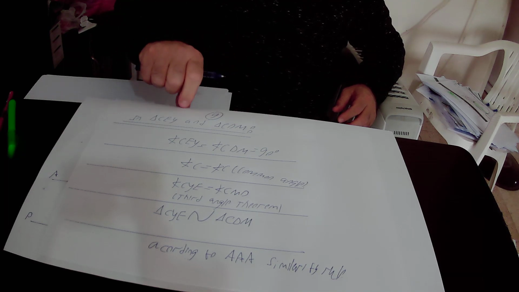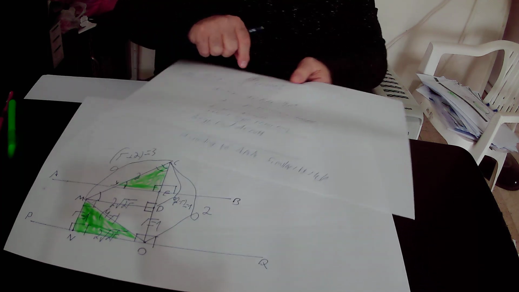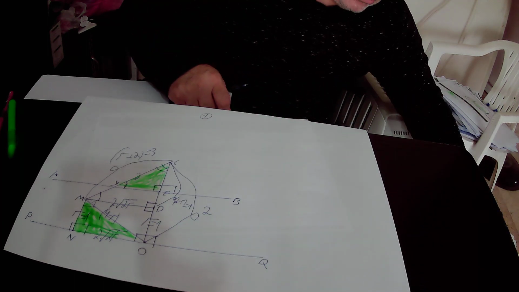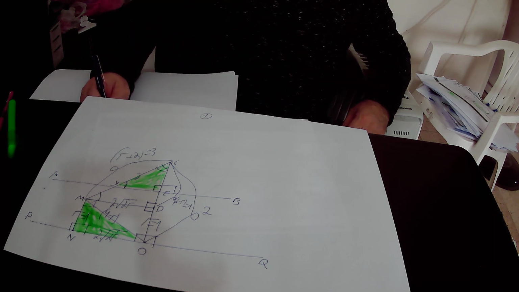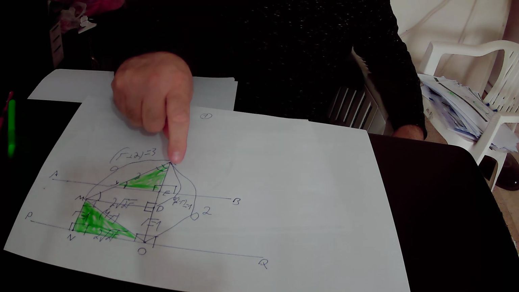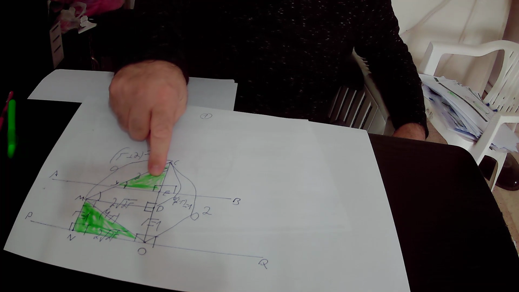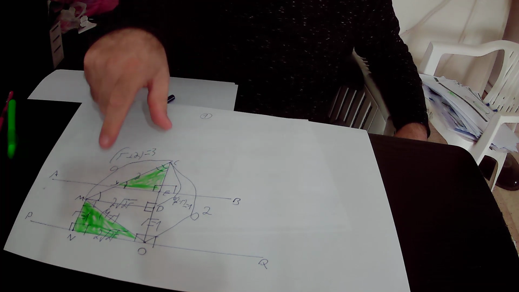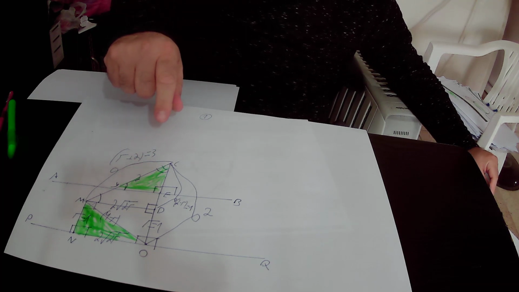And from the fact that triangle CYE is similar to triangle CDM, we will conclude that CE over CY in triangle CYE, the green triangle, equals CD over CM in the right triangle, triangle CDM.